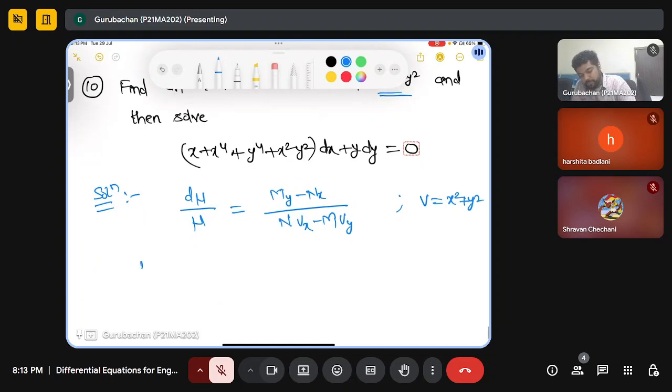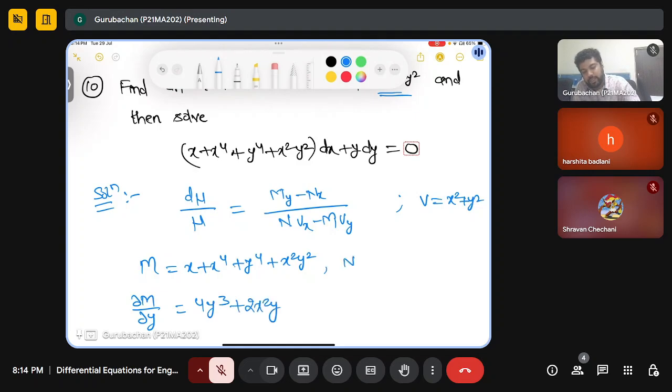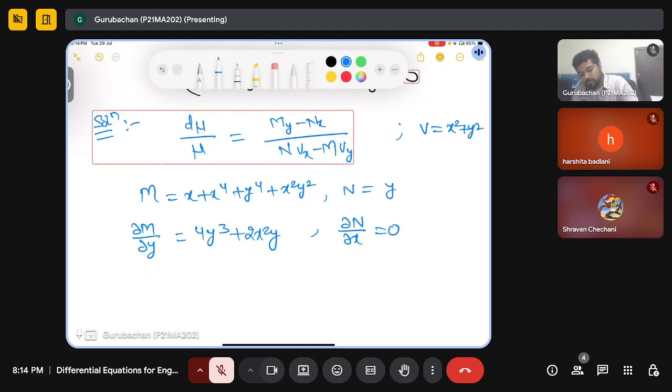So what is M here? M is x plus x to the power 4 plus y to the power 4 plus x square y square. So what will be del M by del y? 4y cube plus 2x square y, and N is here y. So del N by del x is nothing but 0.